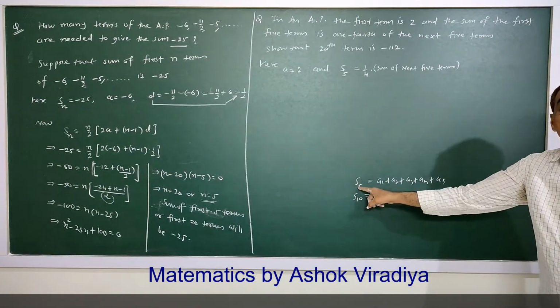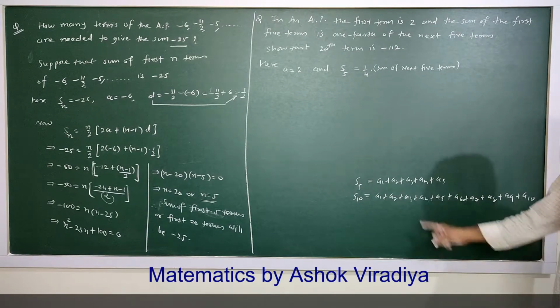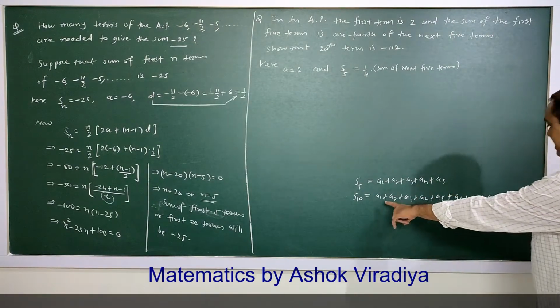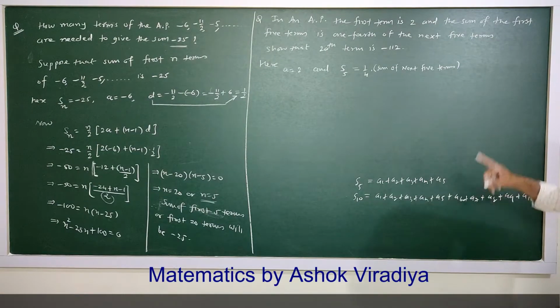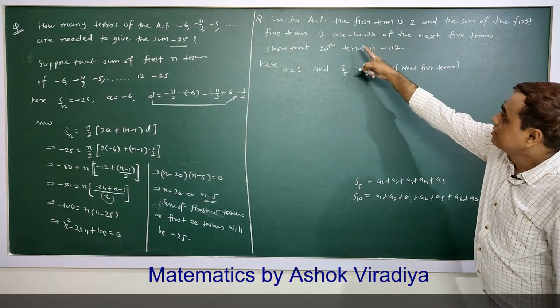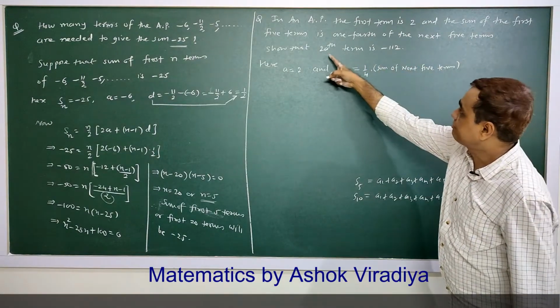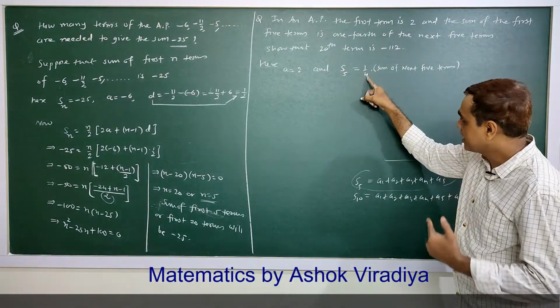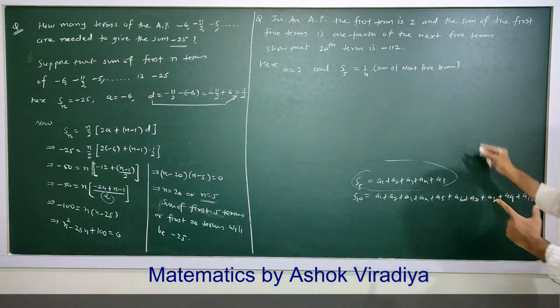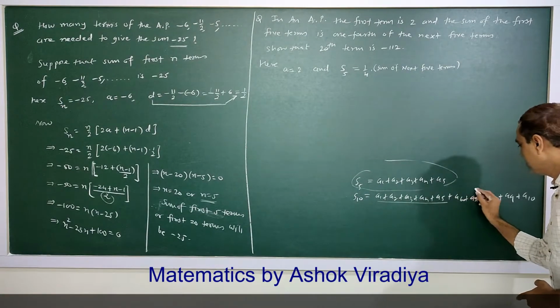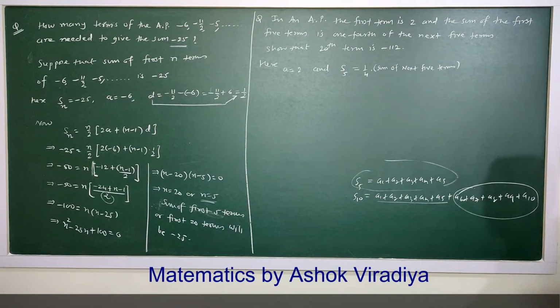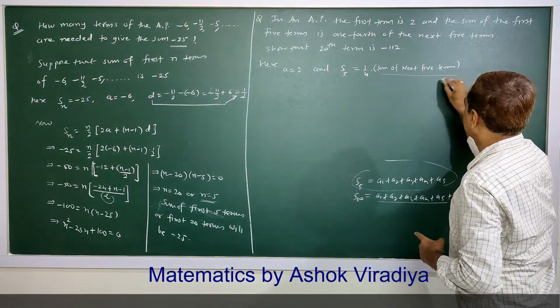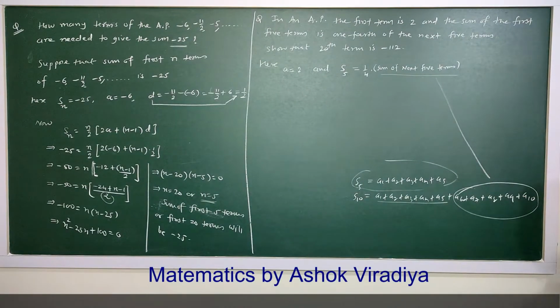This symbol S is for the first n terms. So the sum of the first 5 terms is S5, and this is the sum of the first 10 terms. The sum of the first 5 terms, S5, is equal to 1/4 times the sum of the next 5 terms. These are the first 5 terms, these are the next 5 terms, so we want to put this value here.